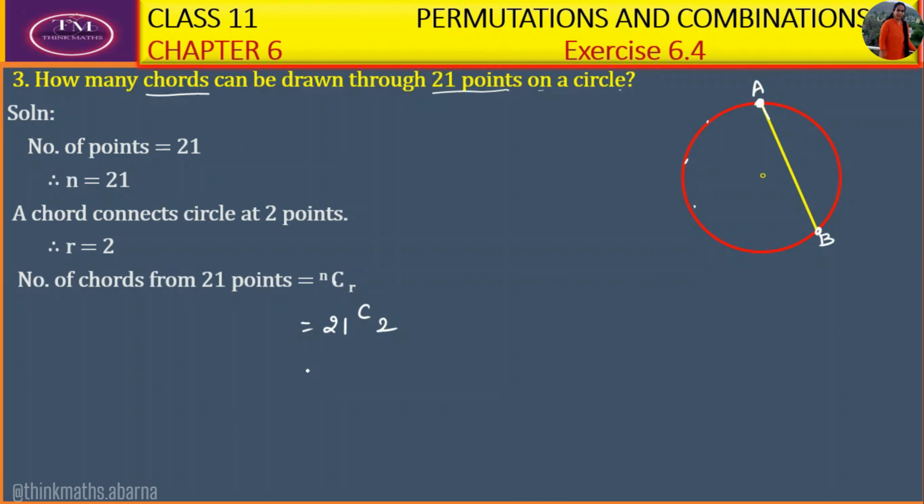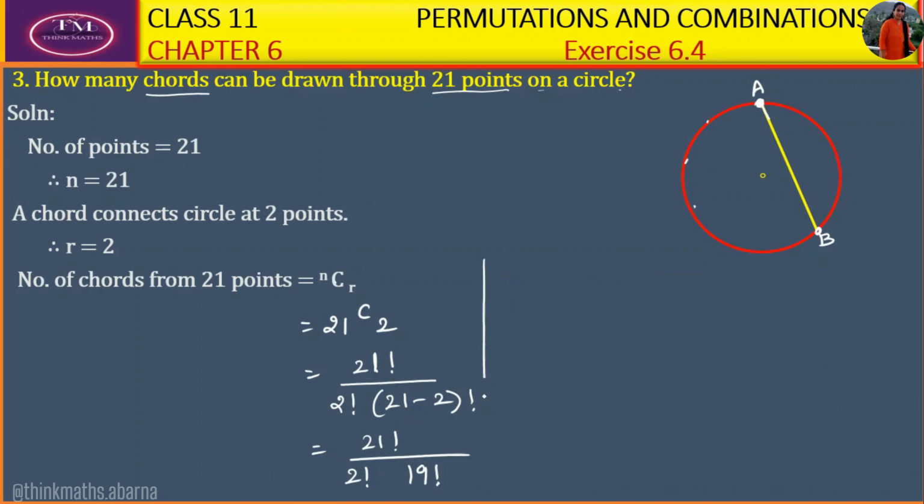Very simple. So it is 21 factorial divided by 2 factorial into 21 minus 2 factorial. So 21 factorial divided by 2 factorial, 21 minus 2 is 19 factorial. So which is equal to, how can you write 21 factorial? This 21 into 20 into 19 comes here.